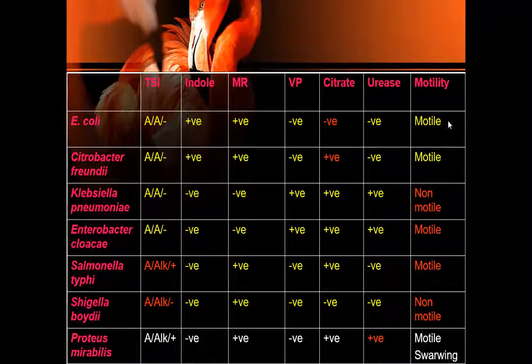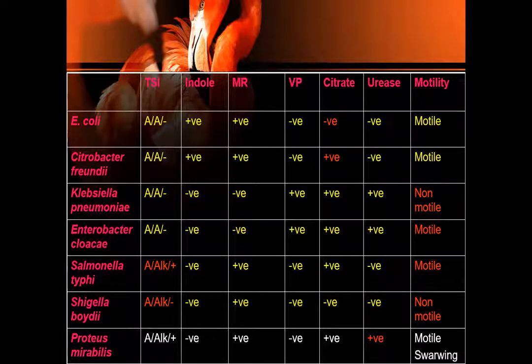So biochemical identification is also very important. If you find a reaction or biochemical reaction according to this table for a specific organism, then you can report. For example, if you are suspecting E. coli, then TSI will show acidic by acidic, meaning to say lactose fermentation.